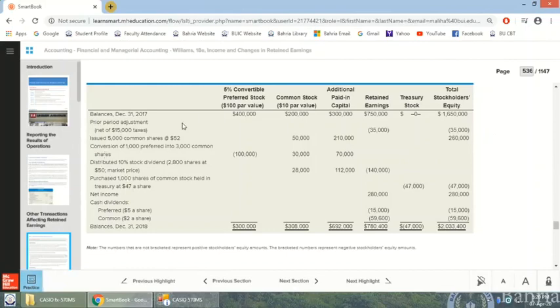Now you can see the conversion of 1,000 preferred stock. So you know that this is par value preferred stock, and sometimes we are not given the market value for this. So this is 100, and this is 1,000. So you multiply it, you get 100,000. Since you converted these shares, they are no more part of the preferred stock.